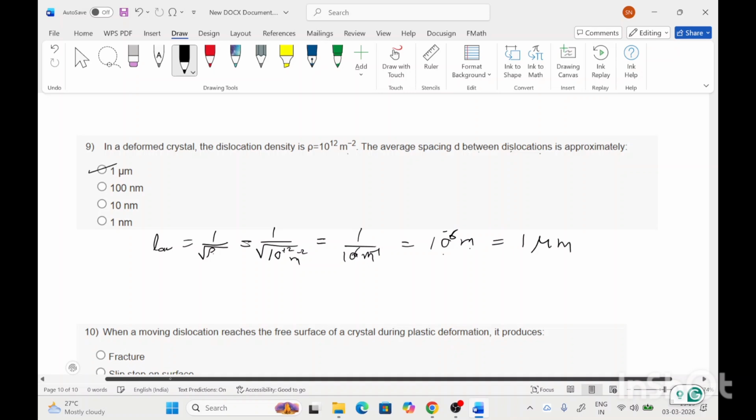So the first option is correct. Dislocation spacing will be 1 micron if we have dislocation density 10 raised to power 12.